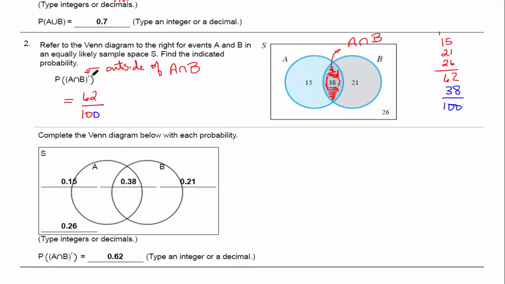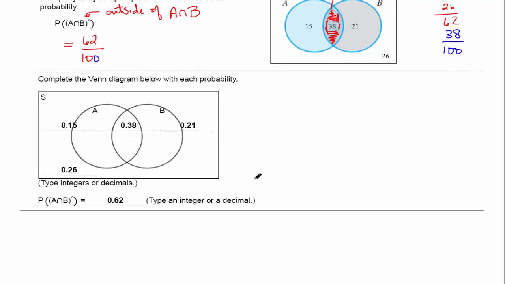The little complement means outside of the intersection. Other than that, they just filled in the diagram with decimals from the 15, the 38, the 21, and the 26. So again, this tiny slash up at the top means everything outside of. So simply count the things outside of it.